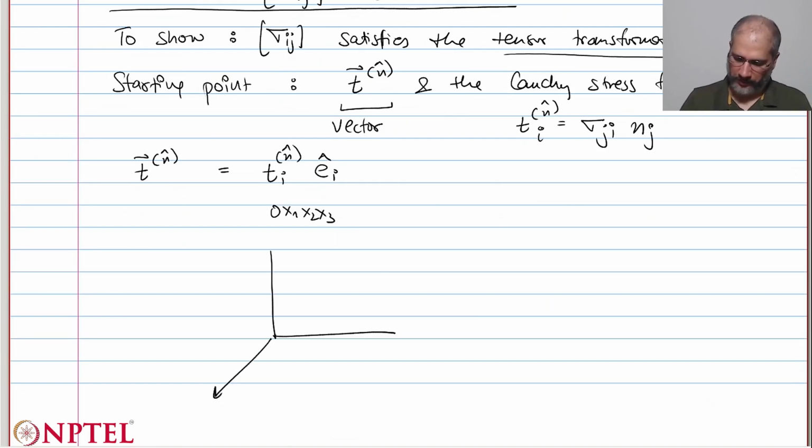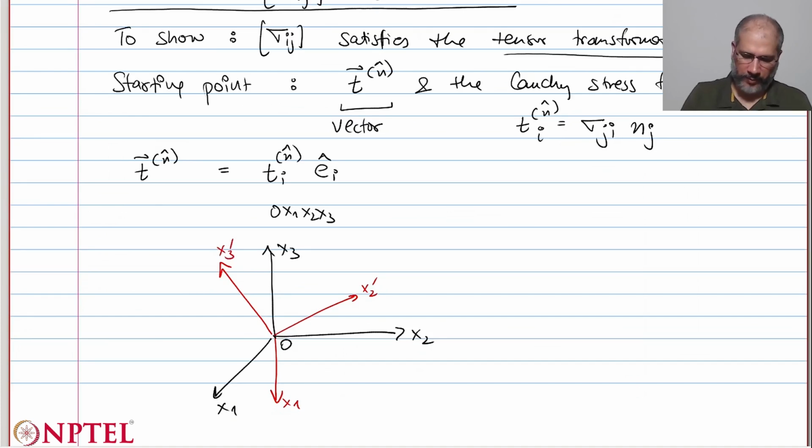Let me draw that. I'll also draw a rotated coordinate system, which is O x1 prime, x2 prime, and x3 prime. And whenever we talk about transformations, we basically talk about finding the components of the quantity in the rotated or the primed coordinate system.